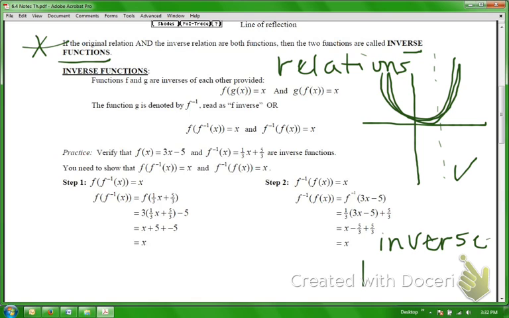We're going to do something called the horizontal line test. Works just like the vertical, except we use a horizontal line. So if I do this horizontal line, it crosses it here and here. Therefore, that means the inverse is not a function. So it's an inverse relation, not a function.